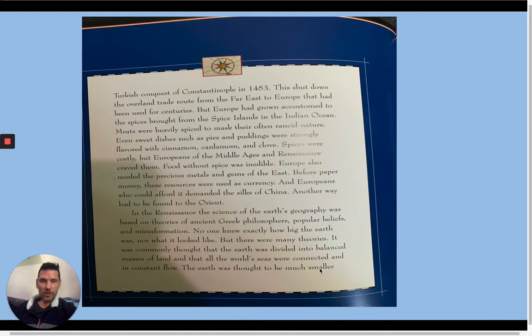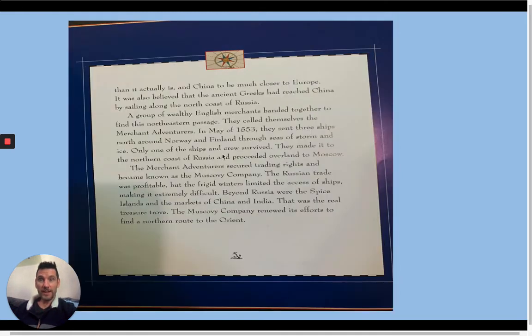So the Earth was thought to be much smaller than it actually is, and China to be much closer to Europe. It was almost believed that the ancient Greeks had reached China by sailing along the north coast of Russia. A group of wealthy English merchants banded together to find this northwestern passage. They called themselves the Merchant Adventurers. In May of 1553, they sent 3 ships north around Norway and Finland through seas of storm and ice.